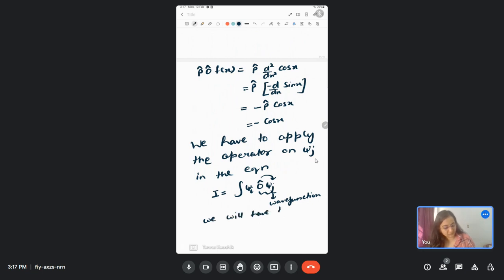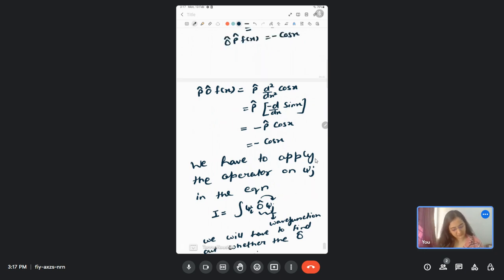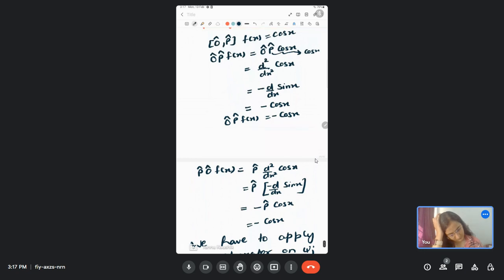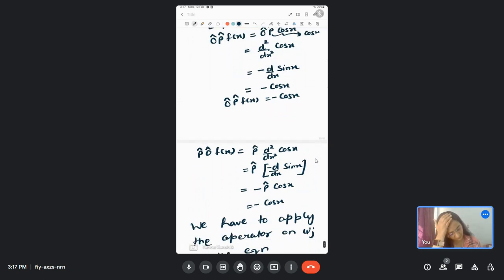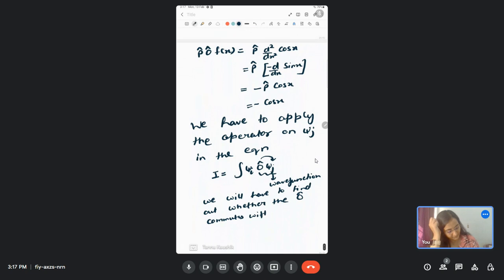This operator will operate on this psi j, and with respect to this wave function we will have to find out whether the operator commutes with the parity operator or not.